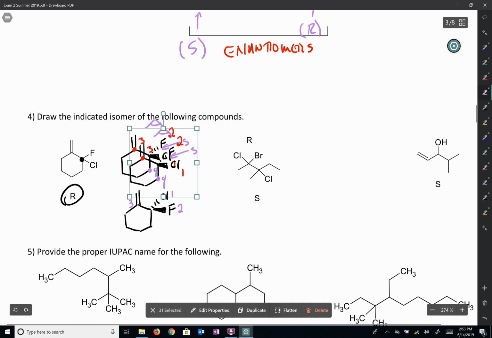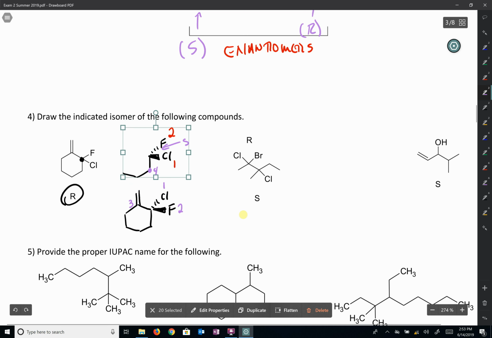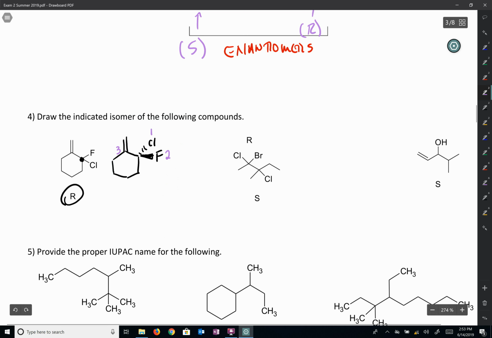Boy, computers do not want to cooperate with me today. Cool, there that is. All right, so we'll do the same thing for the rest of these. Here's my carbons. I needed to draw the R version up here, which would come out like this. And I needed to draw my S down here, which would have come out like this.